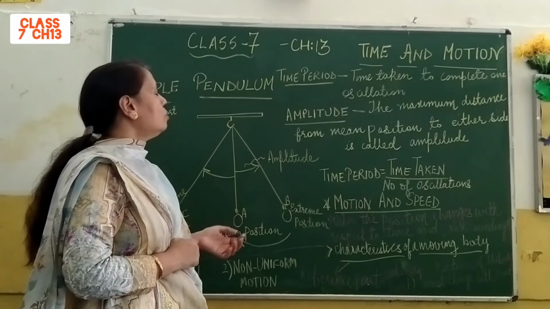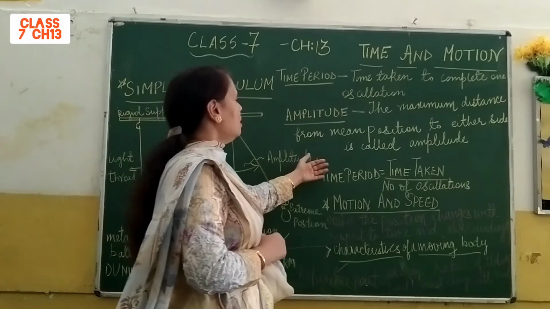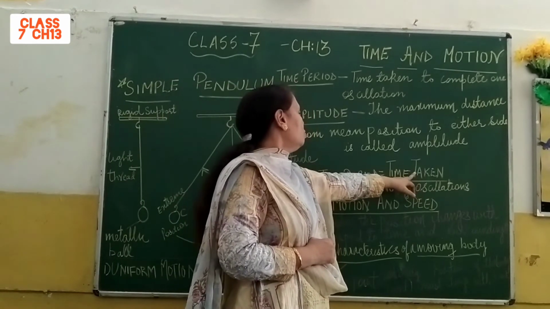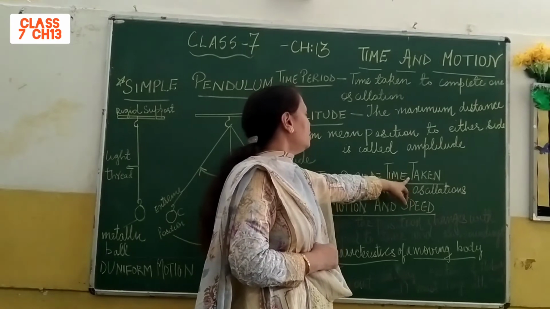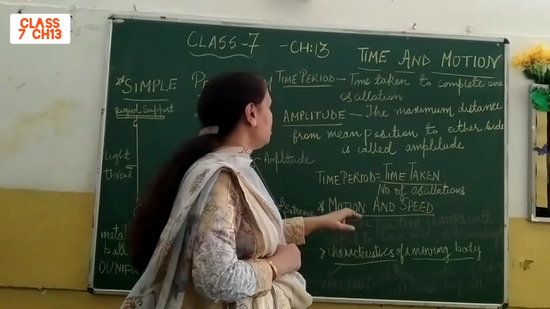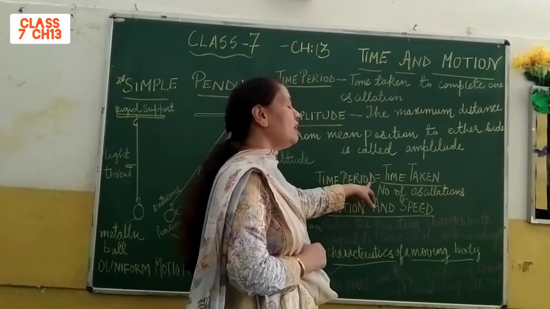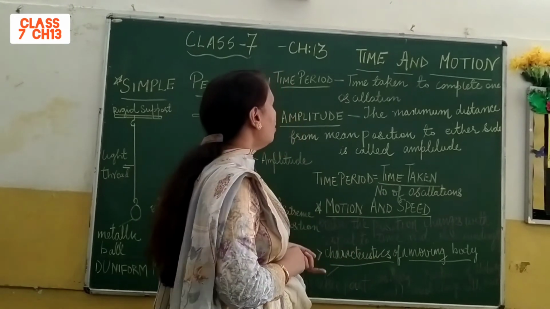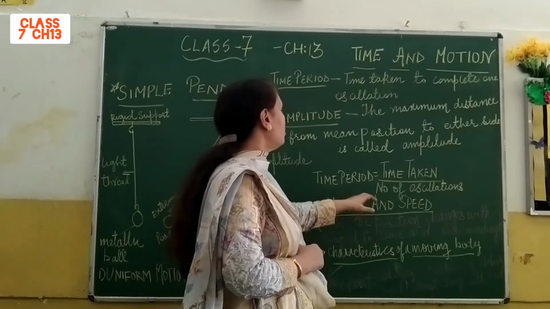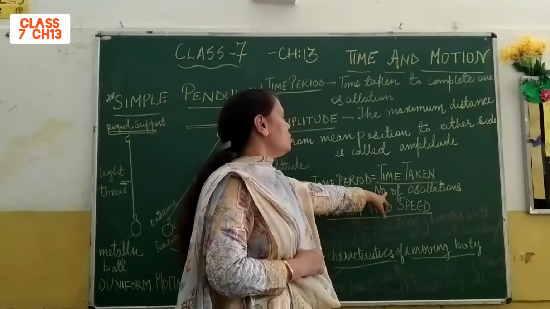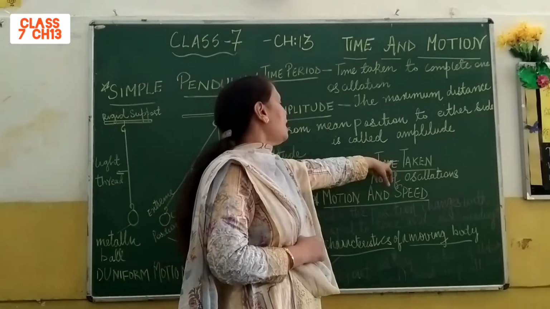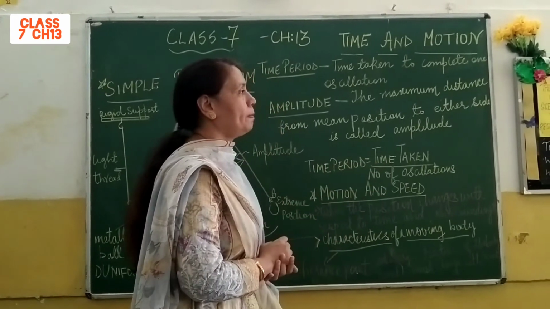We can also calculate the time taken if the number of oscillations is given, when we multiply the time period with the number of oscillations. Or we can also find the number of oscillations, which would be time taken upon time period.